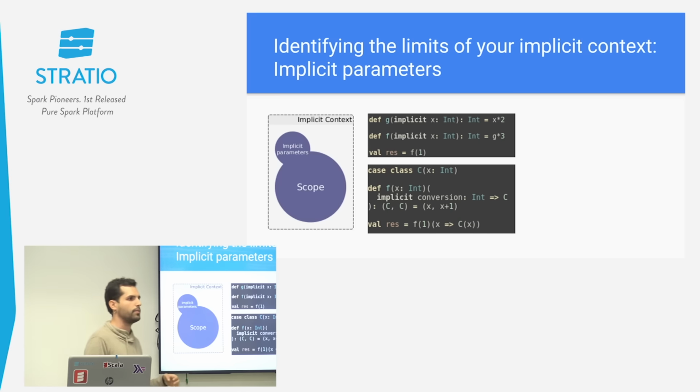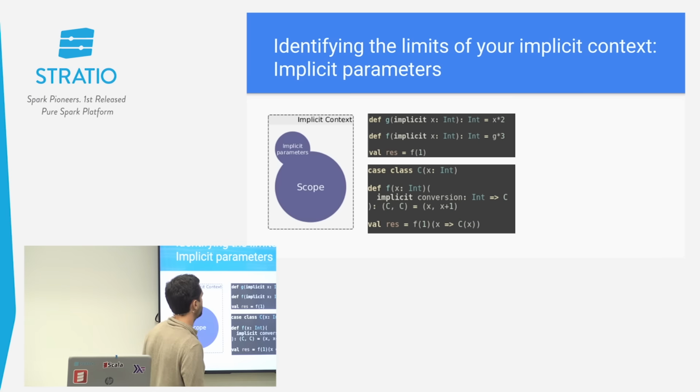That means that when the method is called, it can get the actual parameter from the implicit context. But Scala is great because it makes that implicit value within the method body become an implicit value too. And that's cool. It's like a way of propagating the implicitness. So let's see an example.